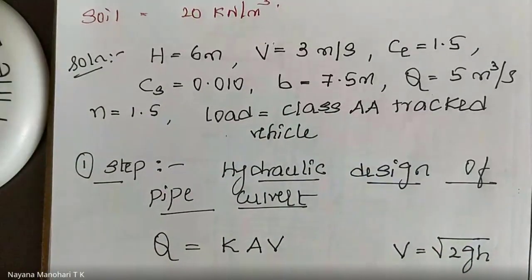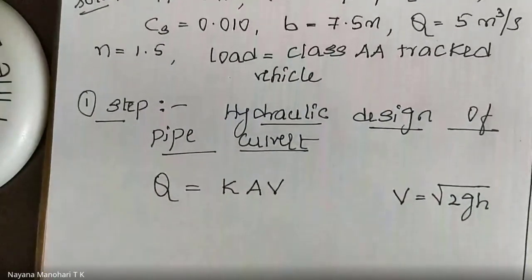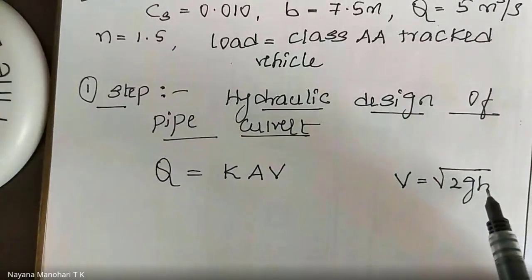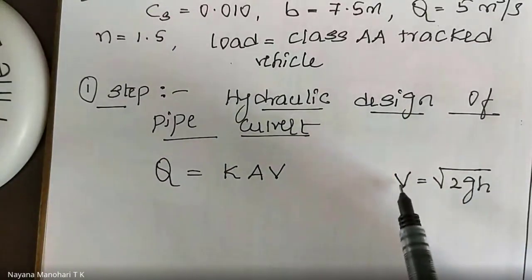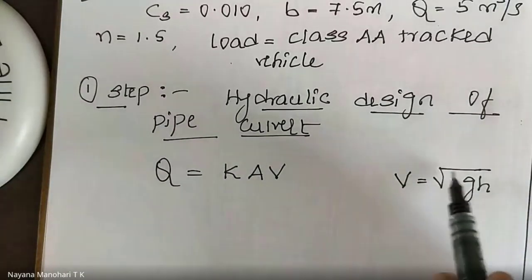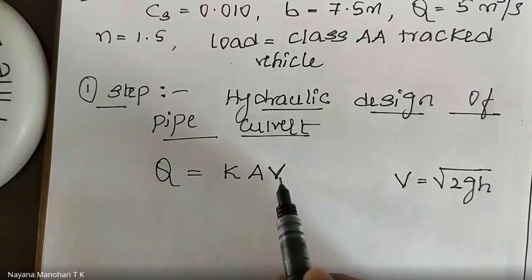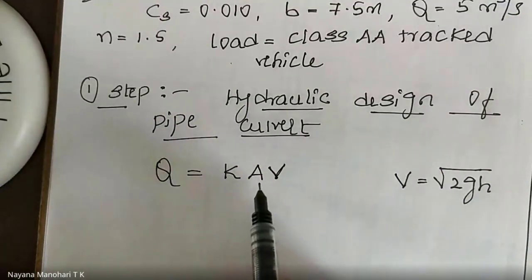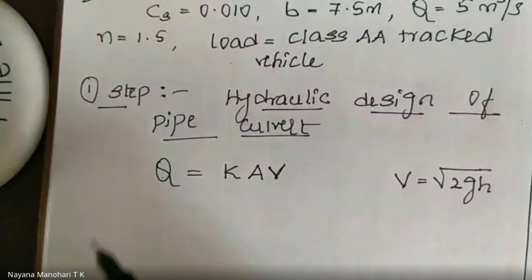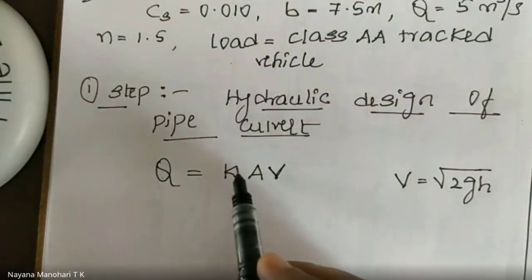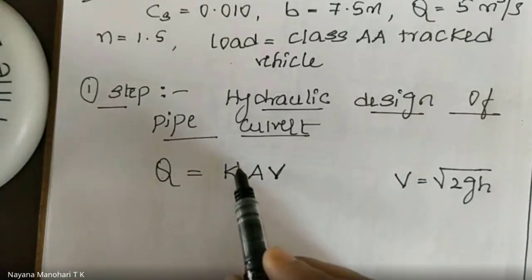If they have not given the velocity, they will give the driving height H, and then you substitute V as square root of 2GH. Here, they have directly given the safe velocity V and the discharge. You need to calculate the K value.